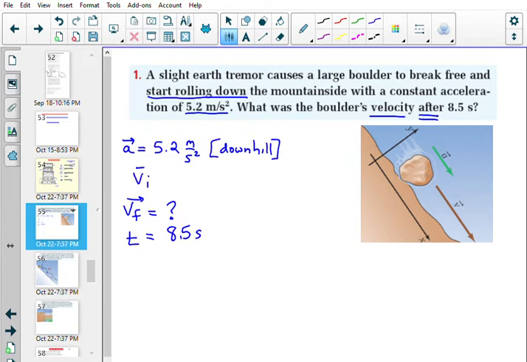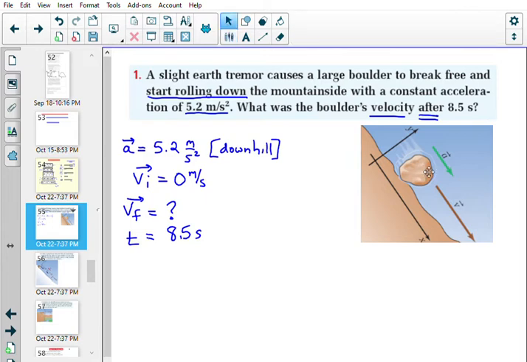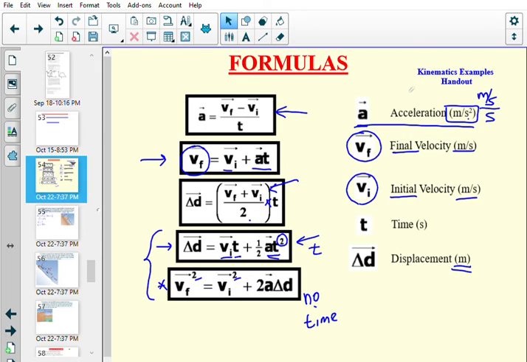So that initial velocity we will put in as 0 meters per second. So we're looking for a formula that has Vf in it, Vi, a, and t. You look at your list of formulas, and this one right here seems to be the one that will solve us for Vf, and it uses Vi, a, and t.